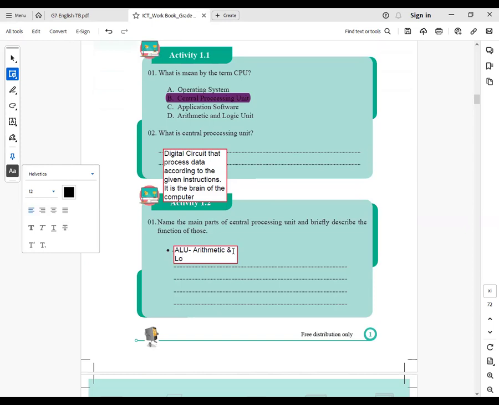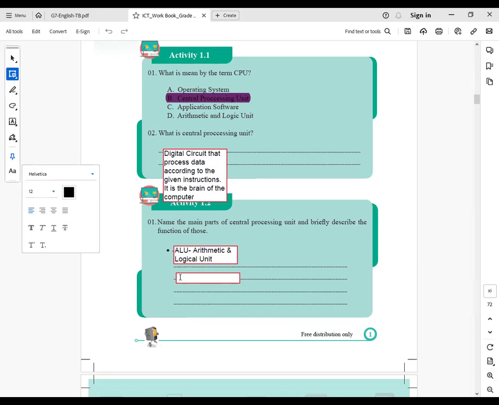Then the main function of the arithmetic and logic unit. It performs all the mathematical and logical functions.